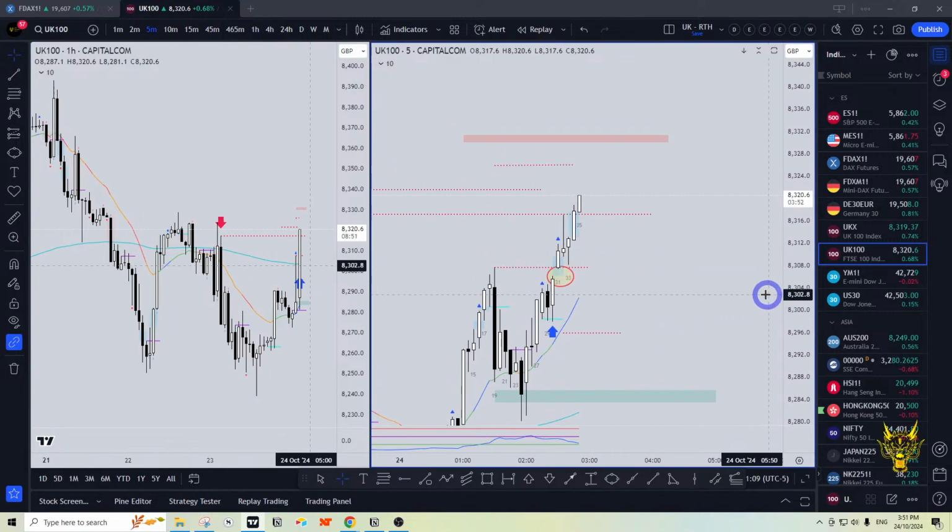So hope traders are holding long and not trying to fade that move.